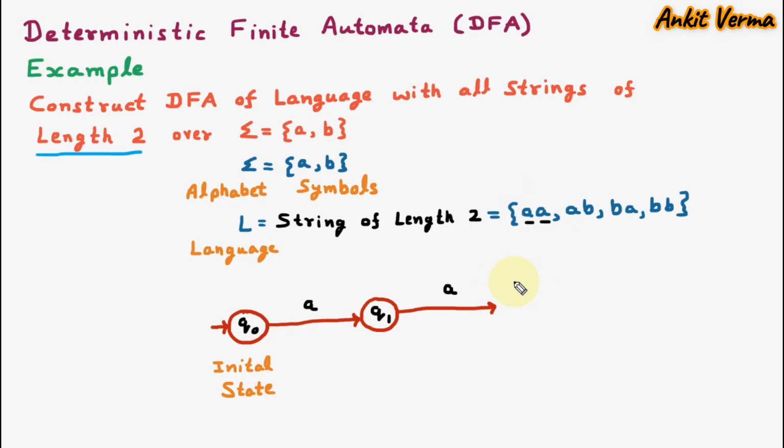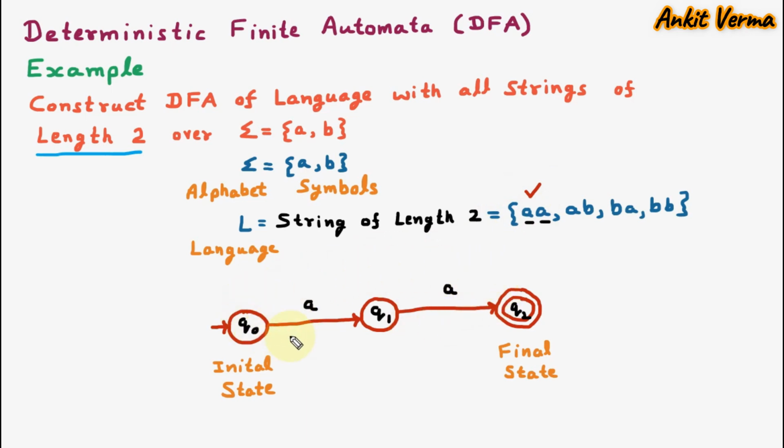This state will be the final state, represented by a double circle. We give this state the name Q2. So when A comes, from Q0 we go to Q1, then the next A comes and from Q1 we go to Q2. After processing this string we are on the final state, which means this string is accepted by the DFA.